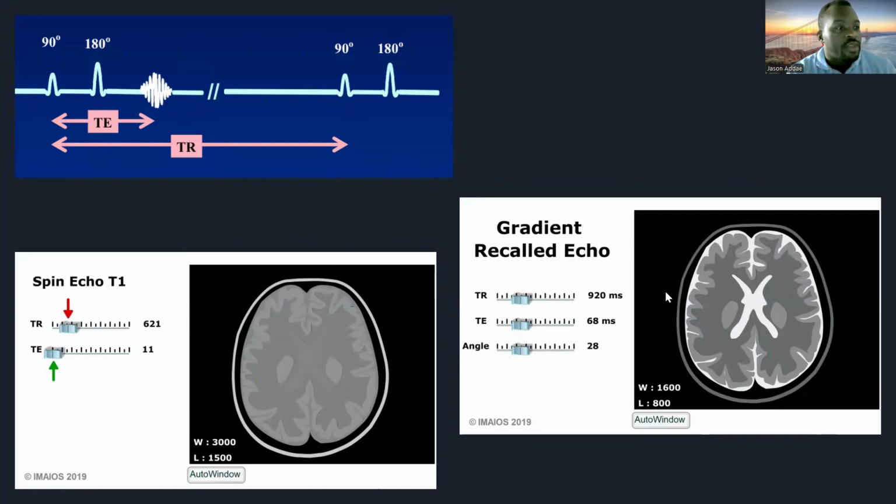And the flip angles, once again, you see down here, flip angle of 28. TR and TE are not necessarily relevant in those cases when you're utilizing the gradients, because you're interacting with the magnetic field in a different way. And we'll get into more depth in this in the future, but these are the core principles that everything revolves around.